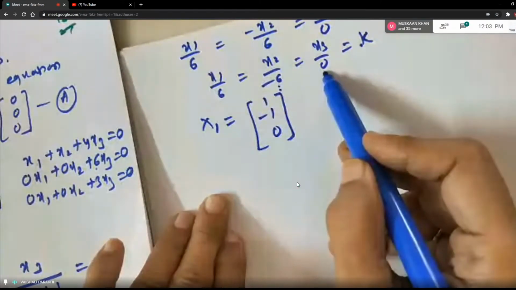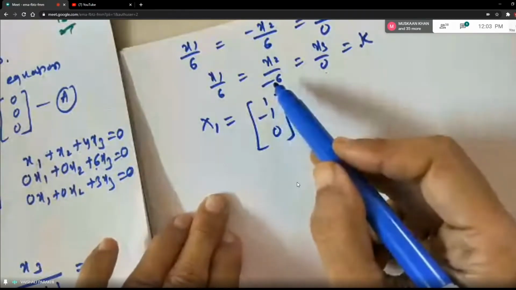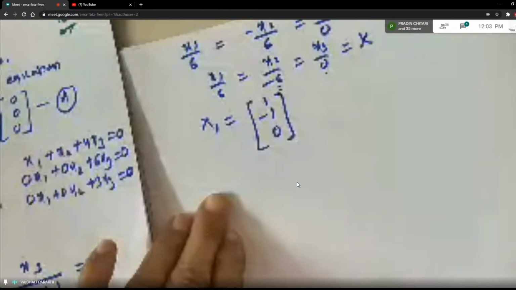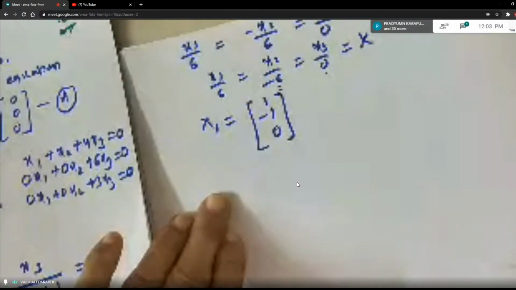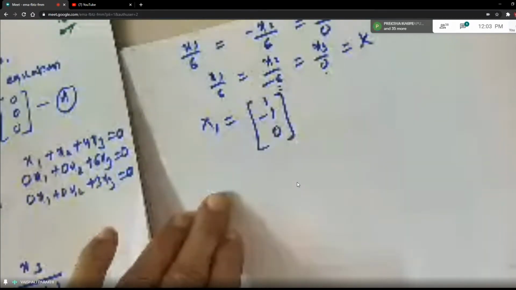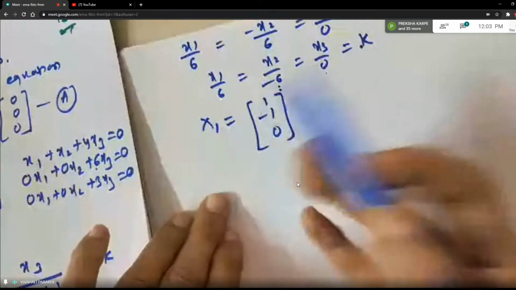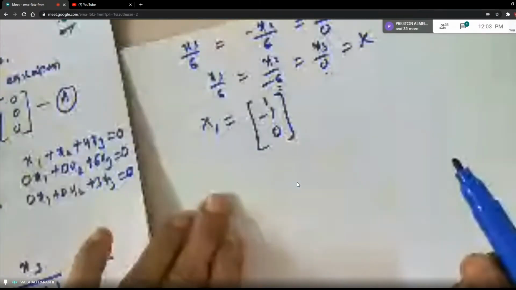So the denominator values are the elements of your eigenvector. But how to write these values? If some number is common, you have to cancel that number. The common number you have to cancel, and whatever small numbers remain, that will be the eigenvector of your matrix. If it is not common, suppose 2, 3, 5 are coming in the denominator, then you have no choice. You have to take 2, 3, 5 as it is.